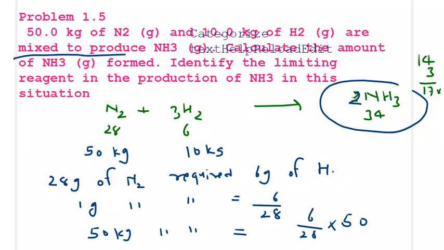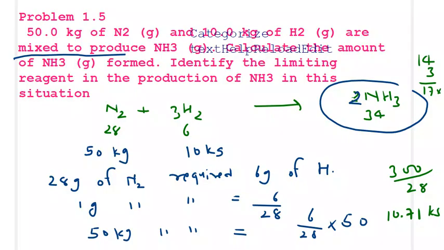We must multiply this, and what we got? 300 upon 28. When we divide this upon 28, we got 10.71 kg.